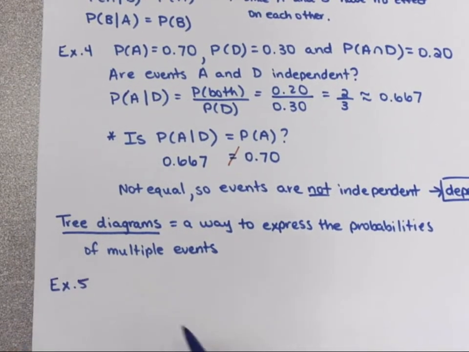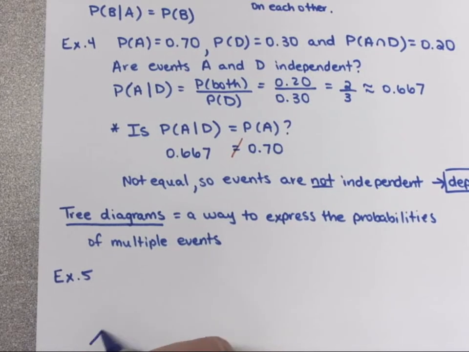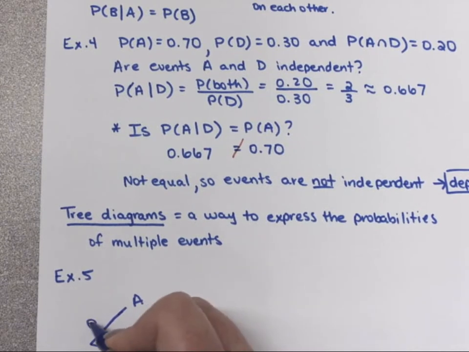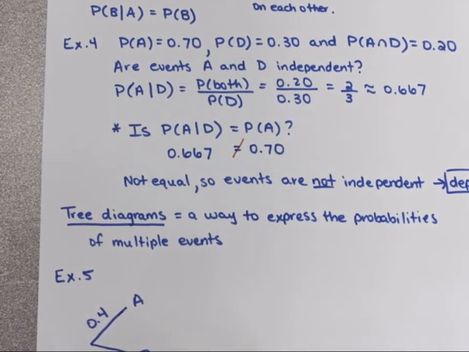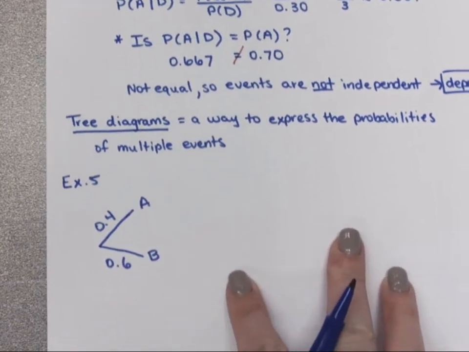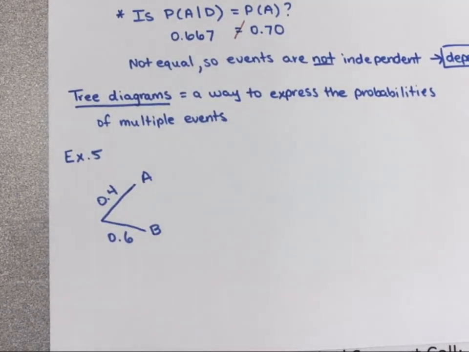But for the first one, let's say that I give you this tree diagram. You have a choice between A or B. Notice that these two probabilities add up to what? 1, right? You're going to choose A with a 40% probability.